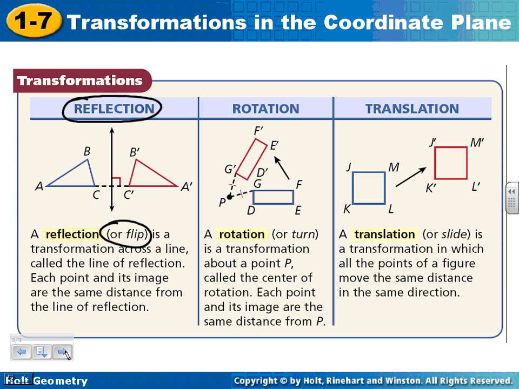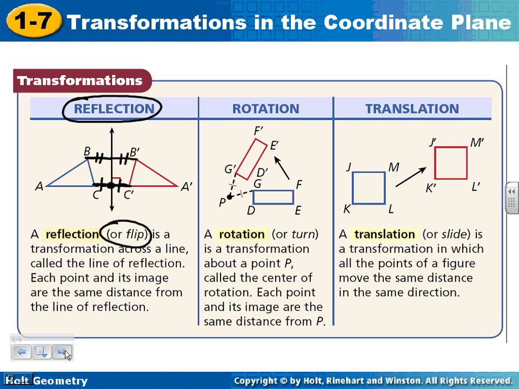Each point and its image are the same distance from the line of reflection. In other words, this distance and that little distance would be congruent. The same thing here, and the same thing from over to A.